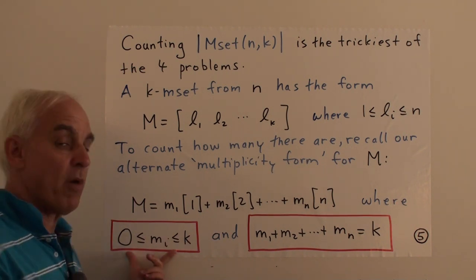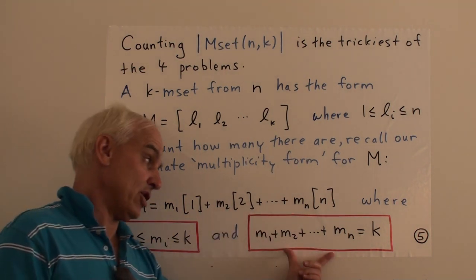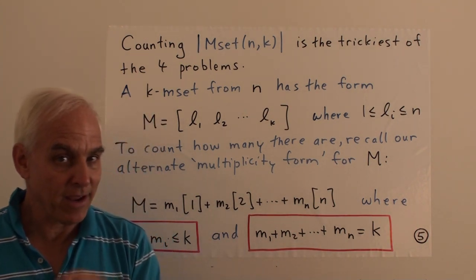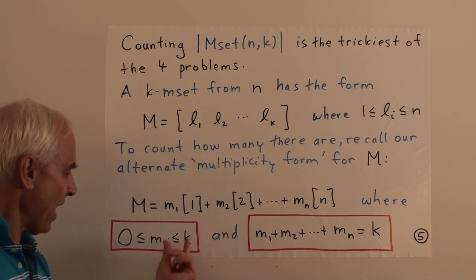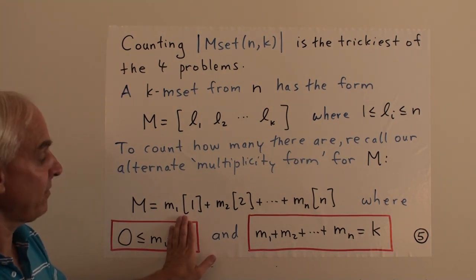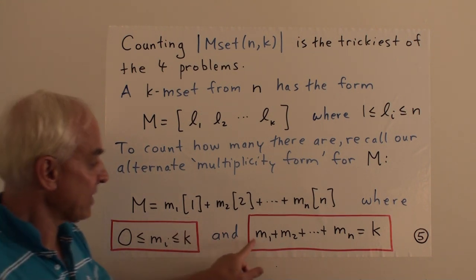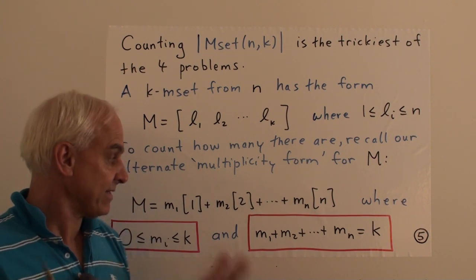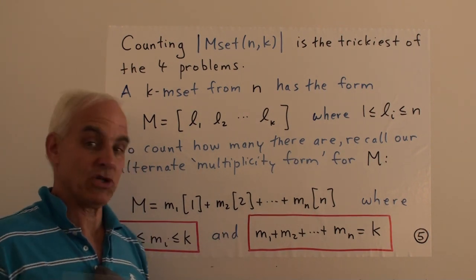Once we know that they're all non-negative, then this sum condition will guarantee that none of them is bigger than k. So we don't actually need this condition. We could just think about looking for non-negative m's that satisfy that their sum is equal to k. We want to know how many such solutions are there.